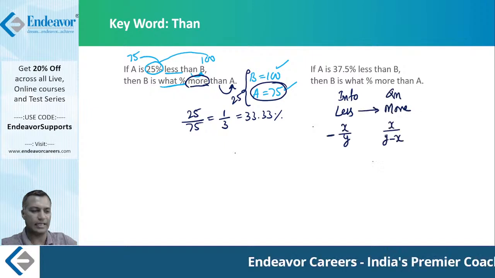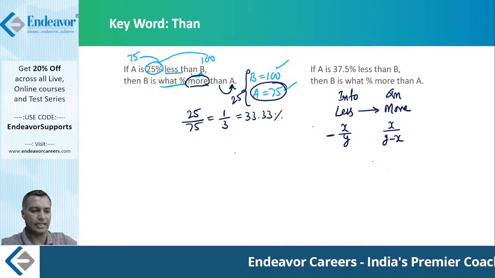Let's take an example on this. Same two examples so that you are seeing. Let's come back to the question that we already solved. What's the information related with less? A is 25% less. What is 25%? 1 by 4. The word is less. So that minus is symbolic of stating that you are writing the lesser side, so that you don't forget what you are writing in the answer.